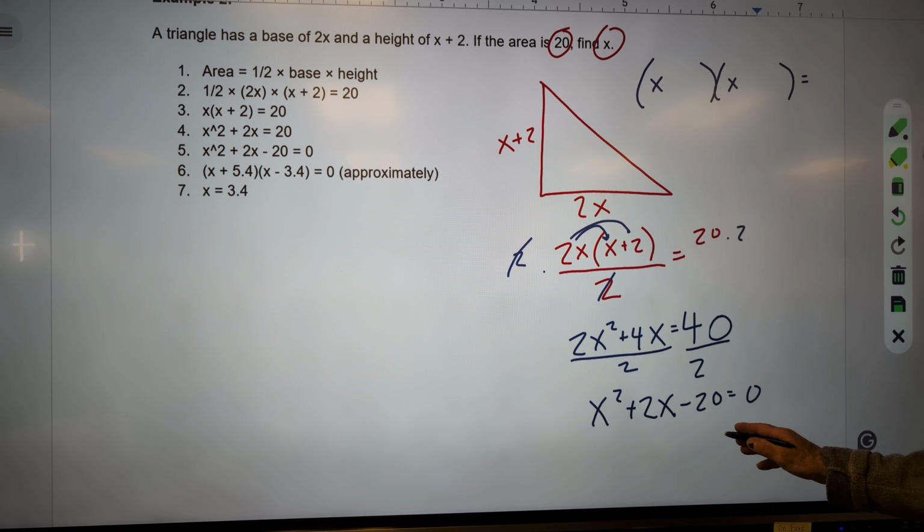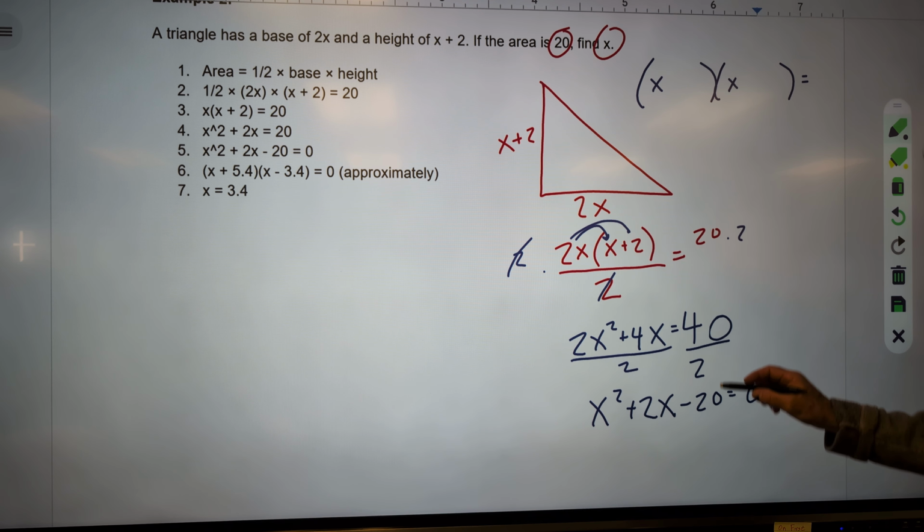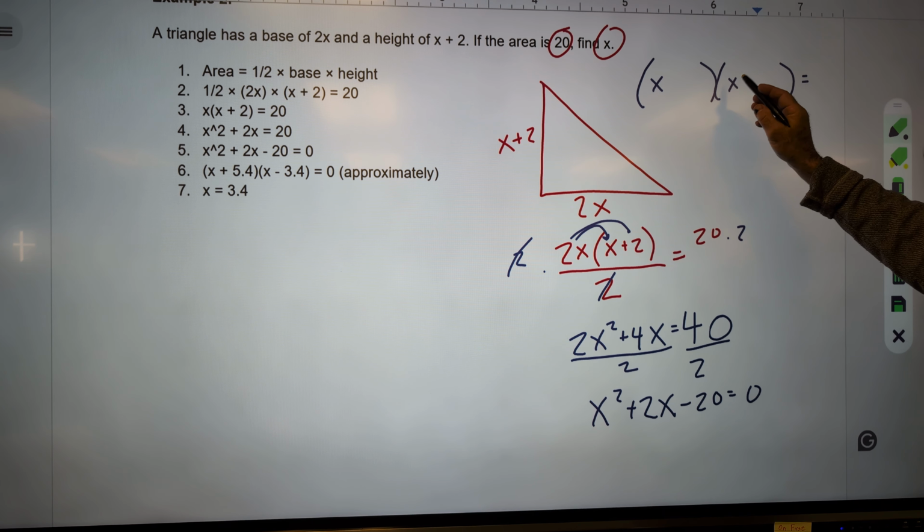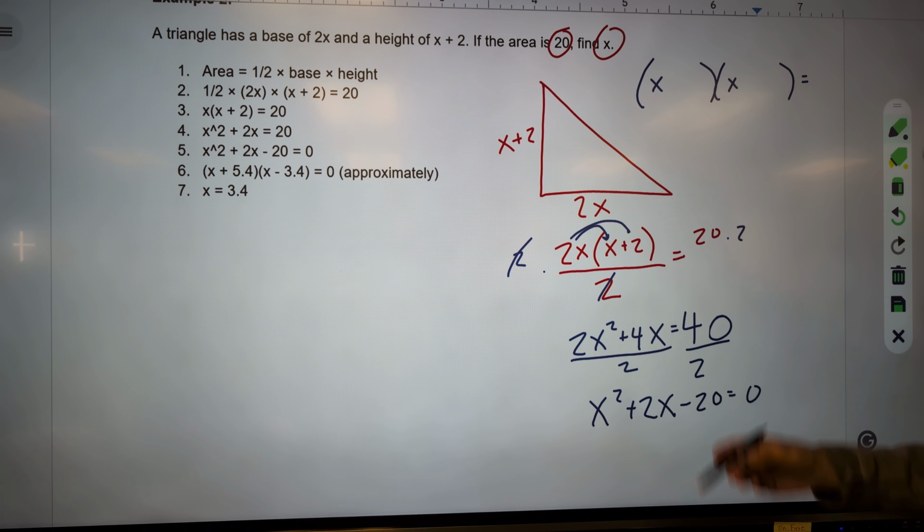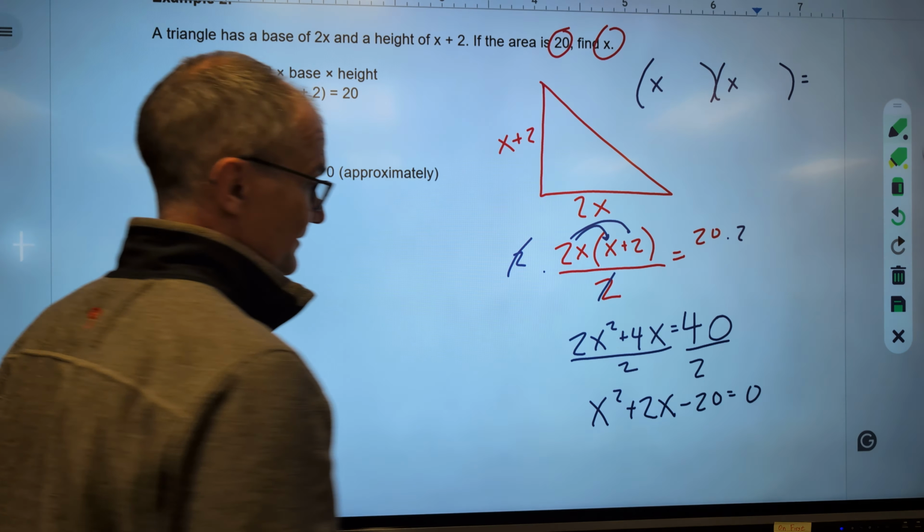With the quadratic equation, I have it set equal to 0 here. So I always try to factor first. It doesn't factor, then we go to the quadratic formula. We did that in a previous chapter. It's pretty hard.